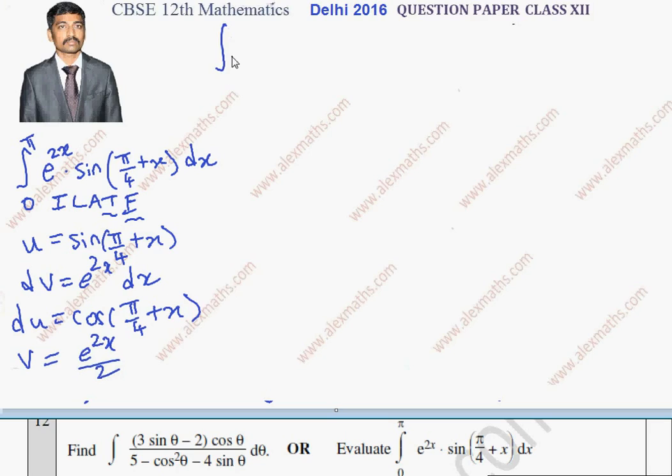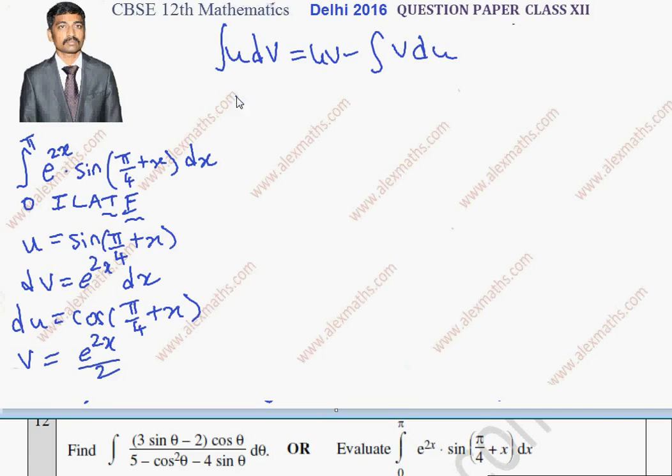Now integral u dv, the formula is uv minus integral v du. Integral u dv is uv minus integral v du.